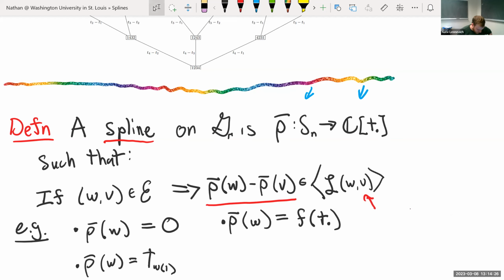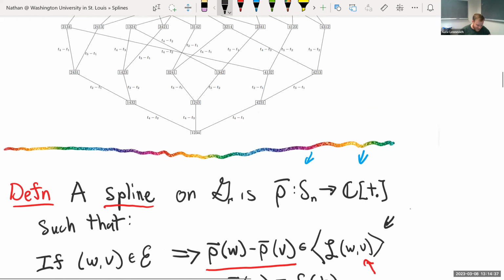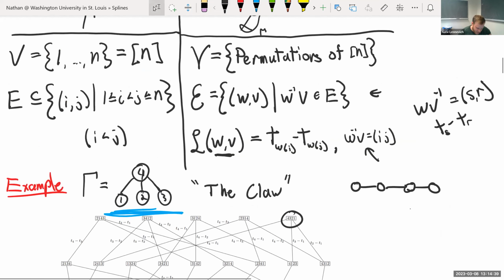So we're studying the splines, and this particular definition removes the inconsistency that I let slip in the beginning of the talk, because it doesn't matter later, that ij is equal to ji as a transposition.